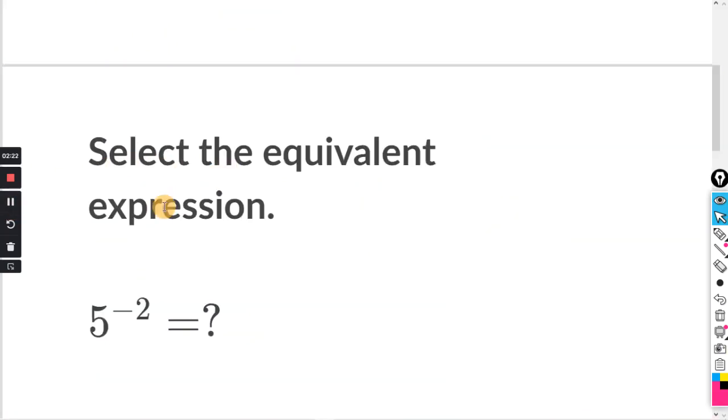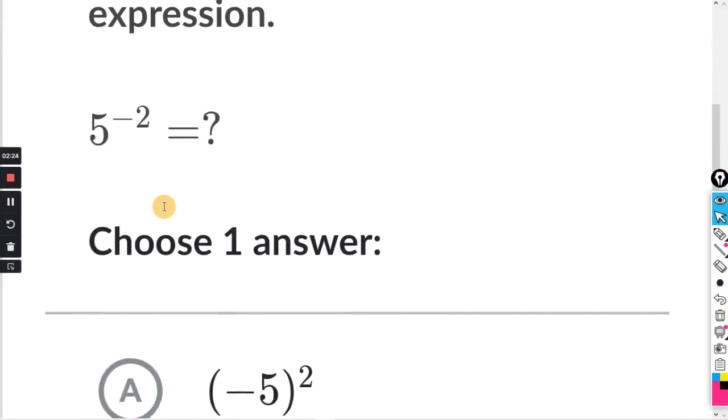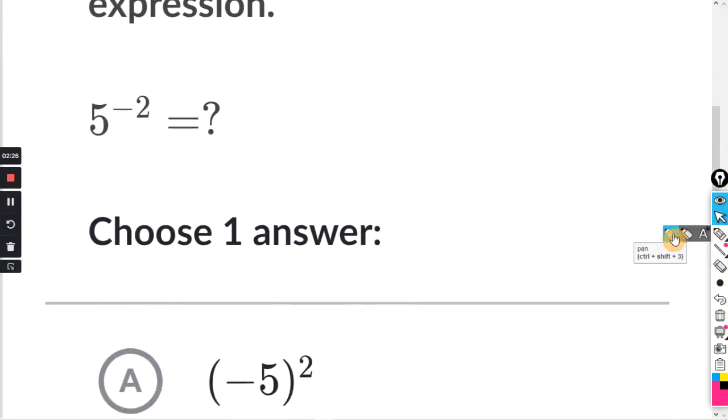All right, select the equivalent expression. Here we have 5 to the negative 2. Before I even look at my answers, I'm going to try to solve this. You can put it over 1 if you like. And again, what I'm going to do is take this whole thing and shift it into the denominator.